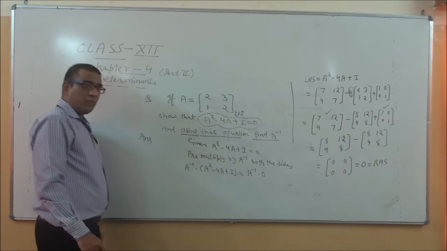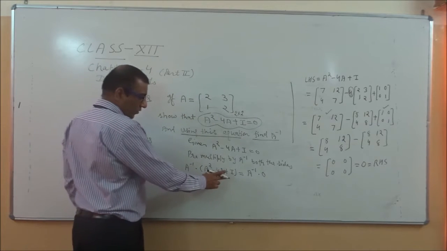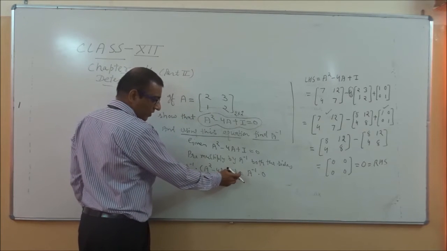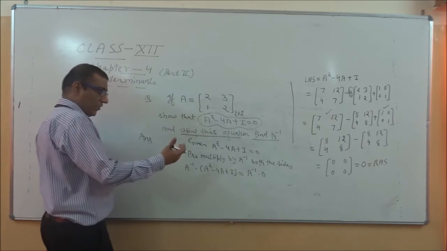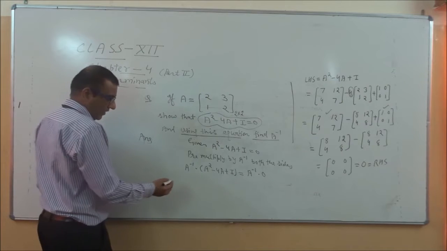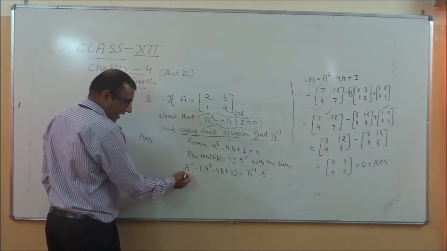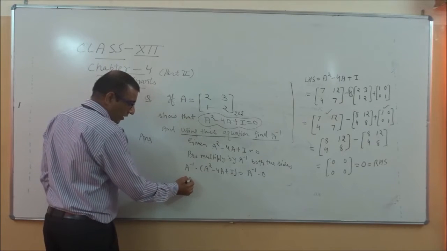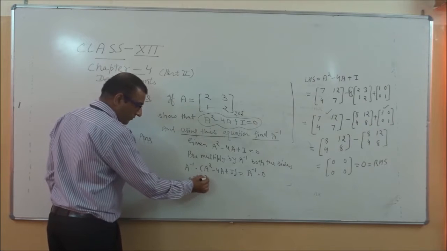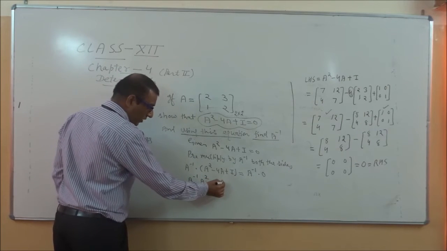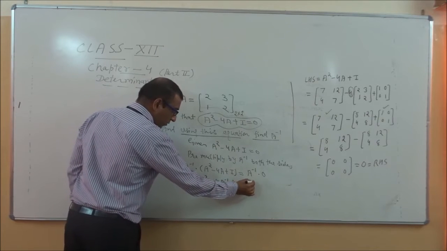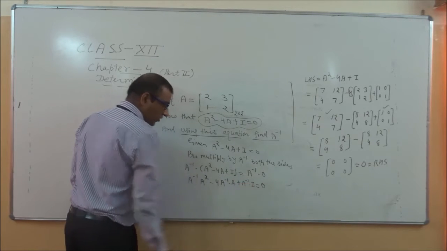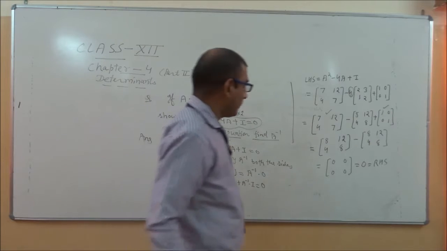If you want to go with post multiplication, it means you will write A inverse just after this bracket, or 0 into A inverse on the right side. Now after this we will enter A inverse in the bracket. So A inverse multiplied by A square minus 4 A inverse into A plus A inverse into I equals 0.